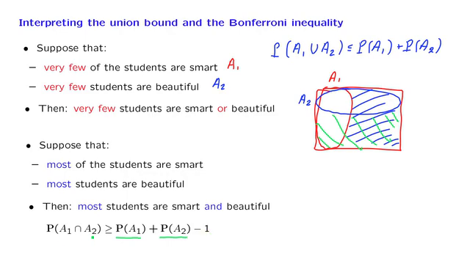Therefore, the probability of the intersection is going to be larger than or equal to some number that's close to 1. So this one will also be close to 1, which is the conclusion that indeed most students fall in this intersection and they're both smart and beautiful. So what we will do next will be to derive this inequality and actually generalize it.